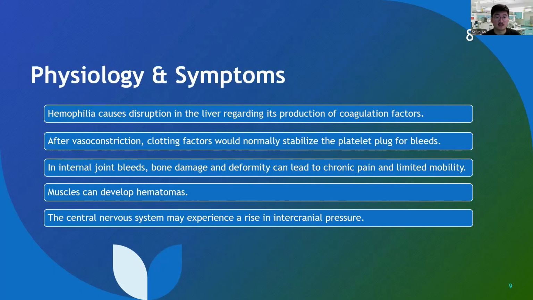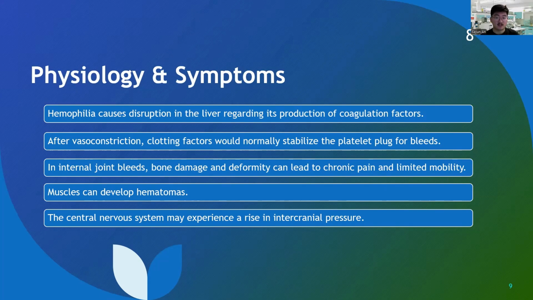Normally, we would see that the liver is able to form perfectly natural coagulation factor proteins and release them into the blood. However, with hemophilia, it can cause a disruption in the production of this protein, thus resulting in clotting being heavily slowed down after vasoconstriction, as there would be too few to stabilize the platelet plug during a bleed.